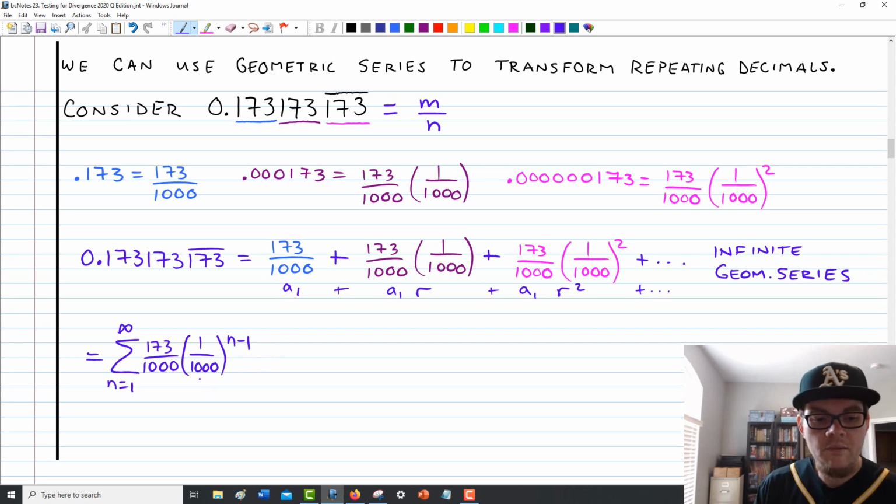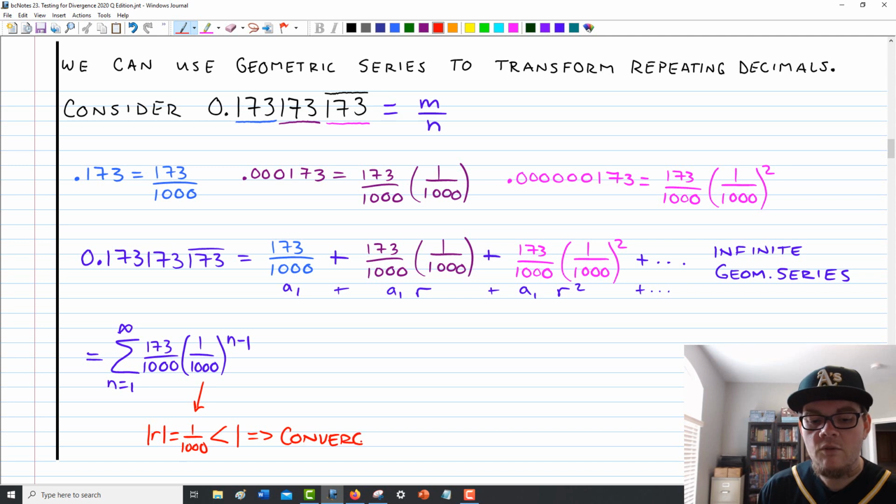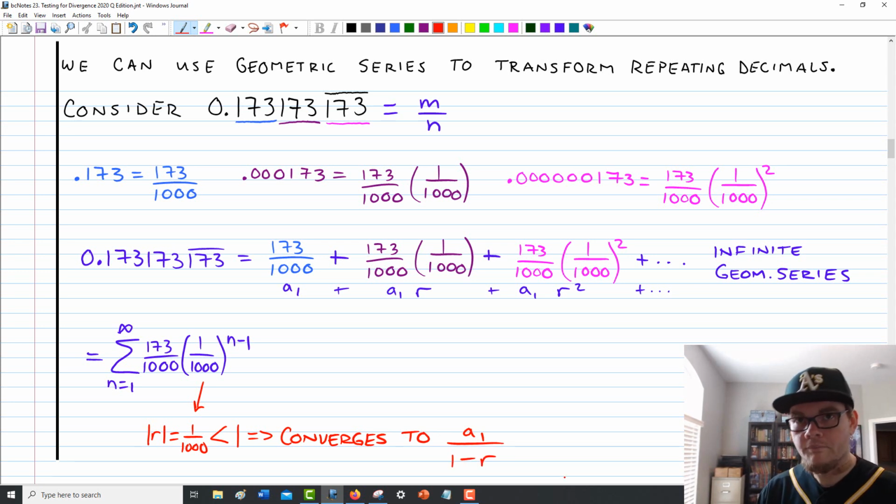Because 1 over 1,000 is our ratio, the absolute value of r is equal to 1 over 1,000. Since that's less than 1, the series should converge. Specifically, it's going to converge to that sum we found earlier, a sub 1 over 1 minus r.